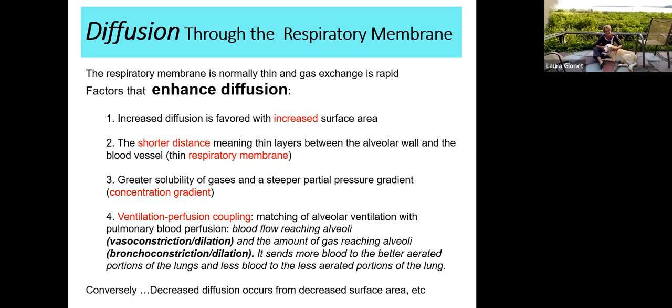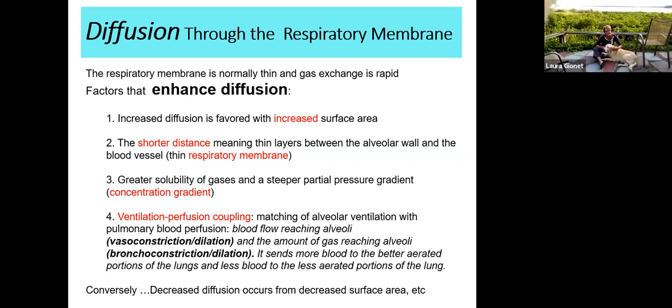And then it says on the bottom, conversely, decreased diffusion occurs from decreased surface area, a thicker or increased distance, or thickness of the respiratory membrane, or distance between the alveolar wall and the blood vessels. When we don't have a steep concentration gradient, then diffusion will decrease.